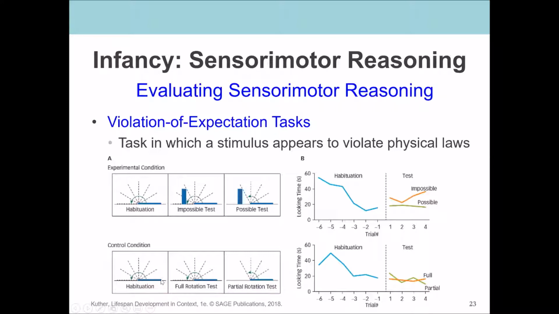So what we're showing is a side view. So the baby would be sitting here for this test, always to the right side of the figure. The baby is looking on, okay? So here, first it's habituation. This would be like if I was sitting at a table and I had a textbook laying flat in front of me.